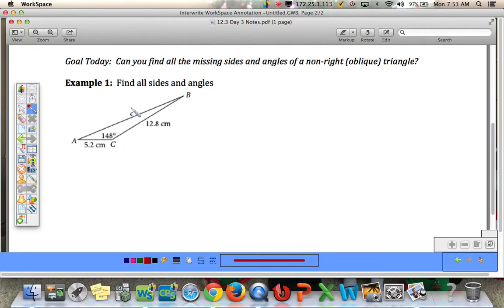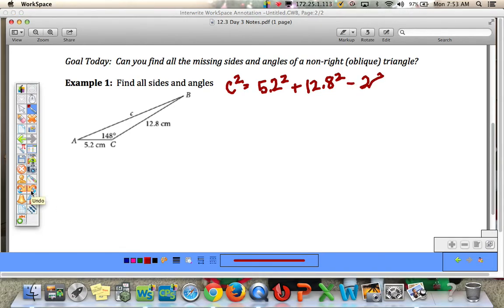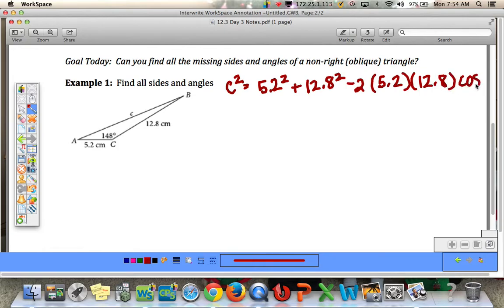And here I'm just going to choose to solve for side C first, because solving for a side, you just plug into law of cosines and take the square root. So we have C squared equals our other two sides squared, 5.2 squared plus 12.8 squared, minus 2 times 5.2 times 12.8 times the cosine of angle C, which is 148.